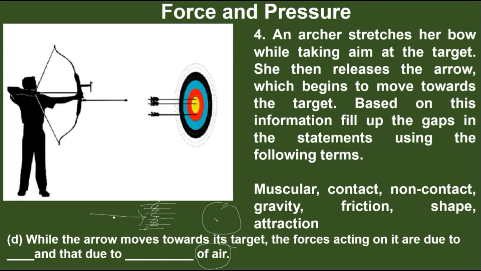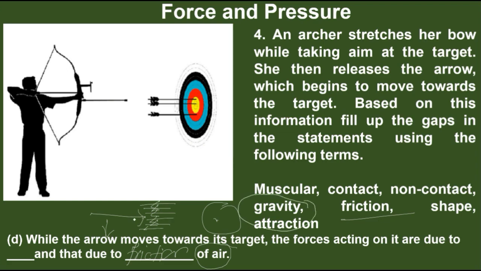That means its speed will come down, due to a force which is again a contact force. What is that force called? Friction force, because that word is here. There is friction between the air and the arrow. But wait a minute. The arrow is also pulled by the force of gravity, because gravity is here.